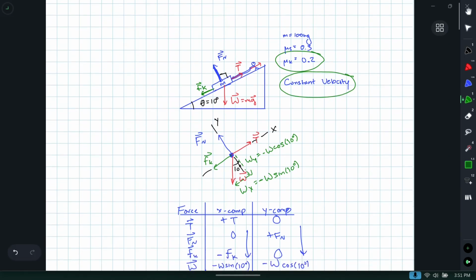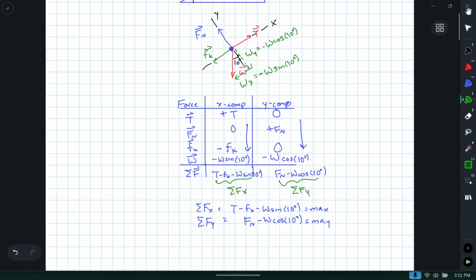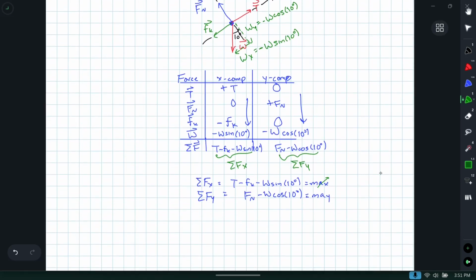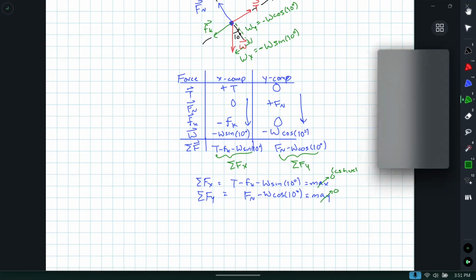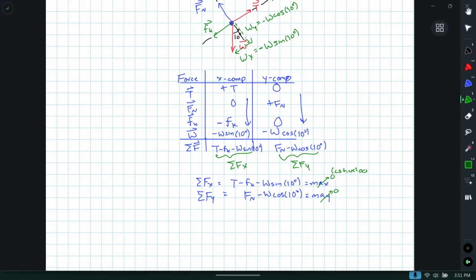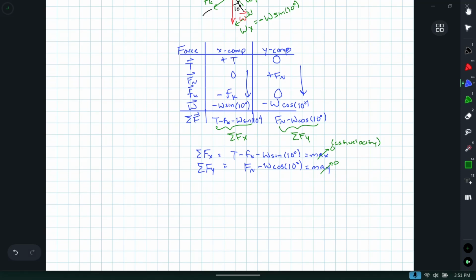So that means it is not speeding up, slowing down, or changing direction. It is not accelerating. So that is a decision I have to make and some thought I have to put into that.